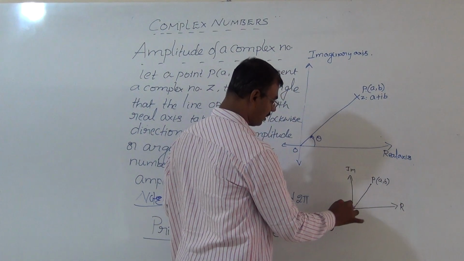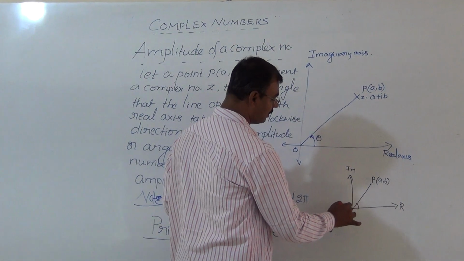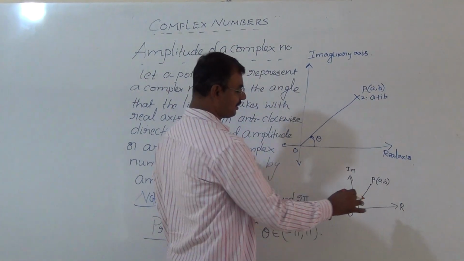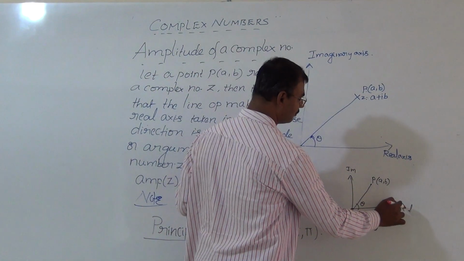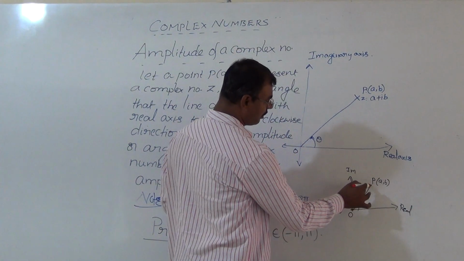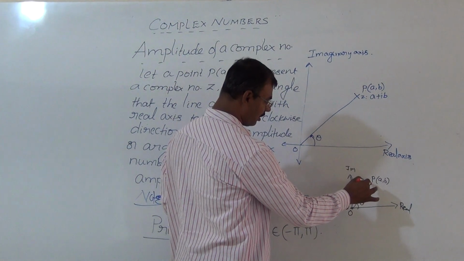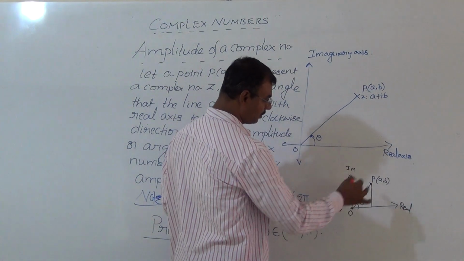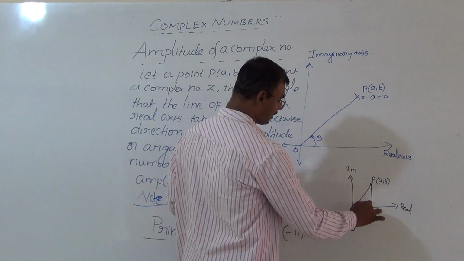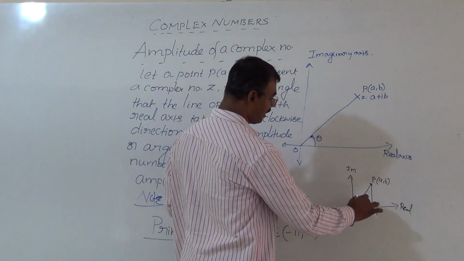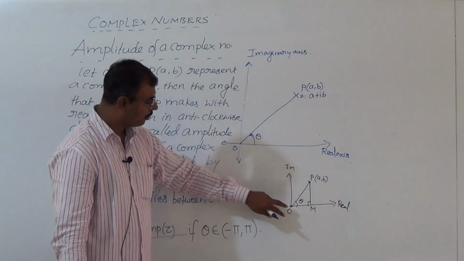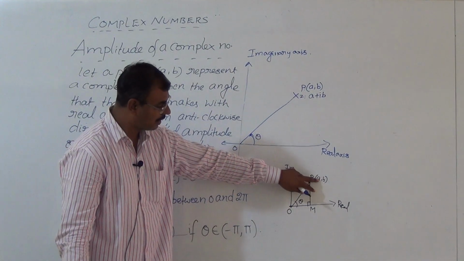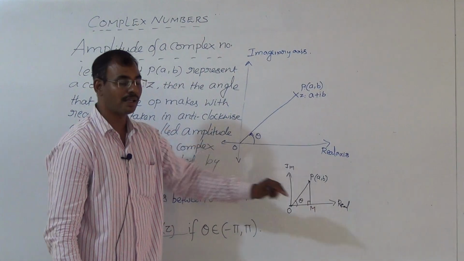So OP makes an angle theta with the positive real axis. Now from P we draw the foot of the perpendicular to the real axis, that is PM. How much angle is subtended here? 90 degrees. What is OM? OM is a, the real part on the real axis.